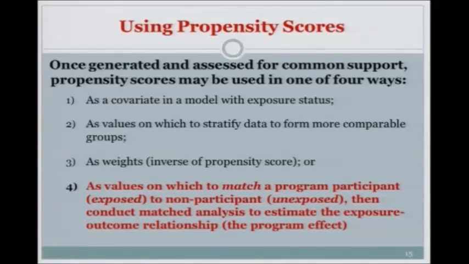Okay. So once you generate your propensity scores and assess for common support, the propensity scores might be used in 4 ways. Some people generate a propensity score and then just control for it in the model. So if you have a small sample size, maybe like yesterday, when we did have a small sample size, we could have generated a propensity score for having family-centered care, right?